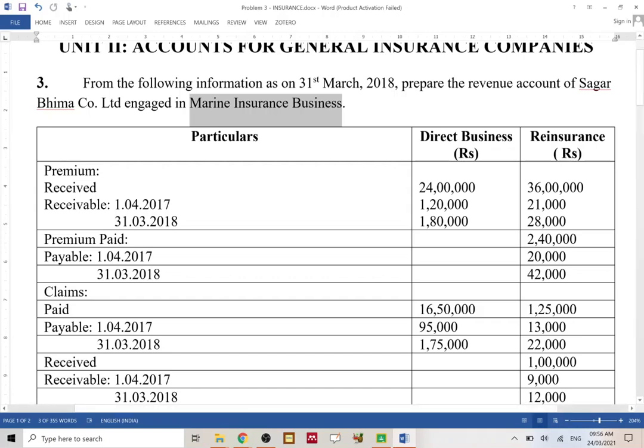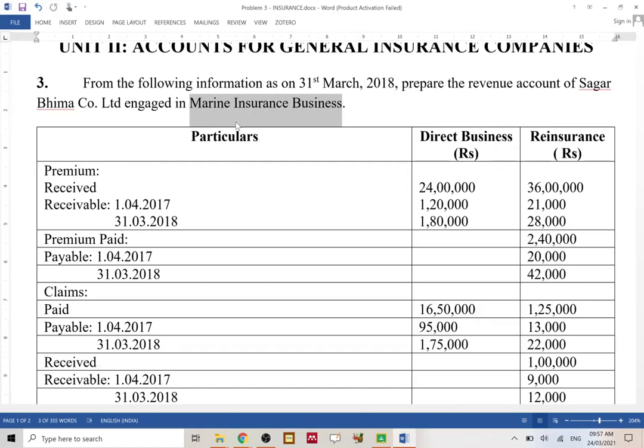You will have almost the same things shown, but you will also have certain things to remember that are specific to marine insurance, like the percentage of unexpired risk. You have a certain percentage for marine insurance businesses, and a percentage for fire insurance. We'll see what they are, and you will have to remember those particular percentages.